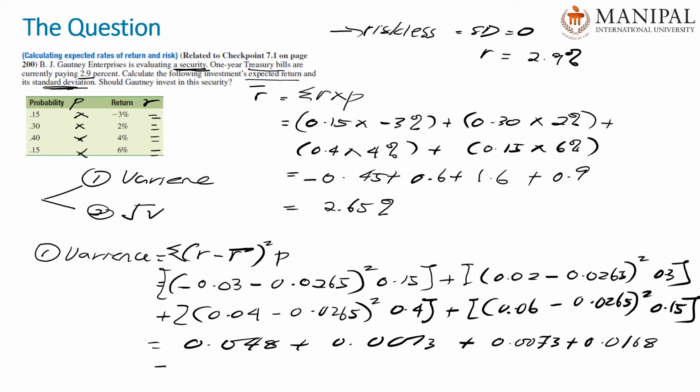So you total this up and you will get 0.0734. So that is the variance.